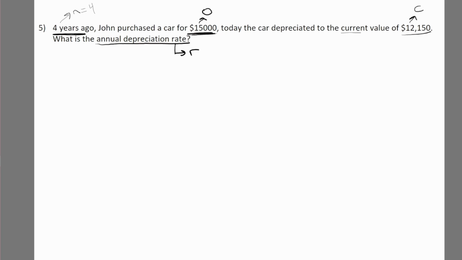And so we're going to use the rule. Current is equal to original multiplied by 1 minus R over 100 to the power of n. And the current value is 12,150.